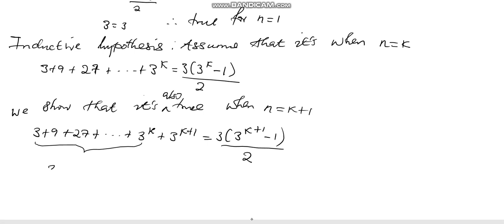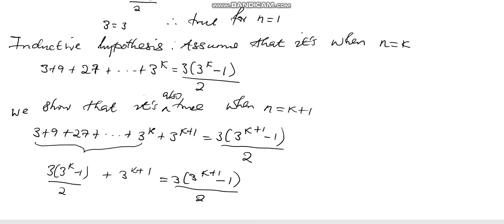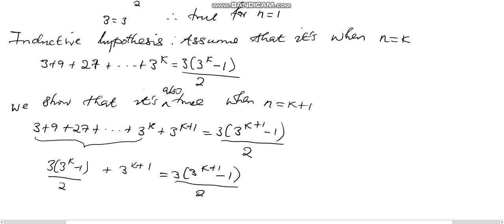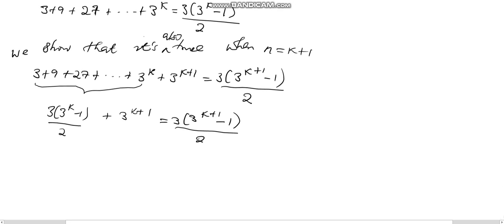So we have 3 open brackets 3 to the power k minus 1 divided by 2 plus 3 to the power k plus 1 is equal to 3 open brackets 3 to the power k plus 1 minus 1, then we divide this side by 2 here. So now our main target here, or goal rather, is to show that the left hand side that we have there is equal to the right hand side here.